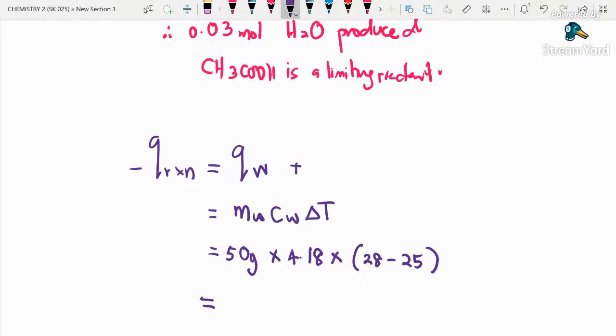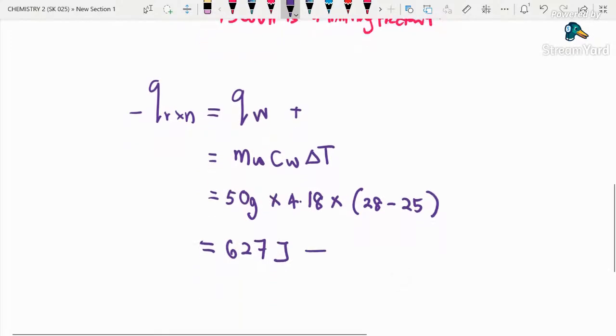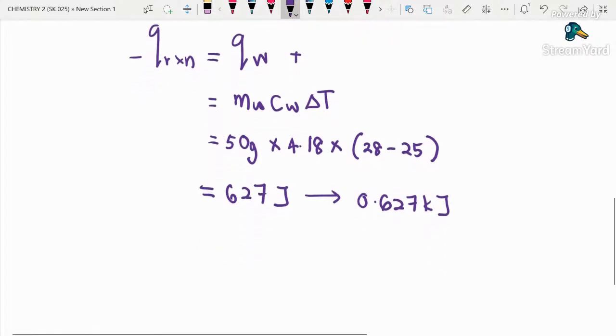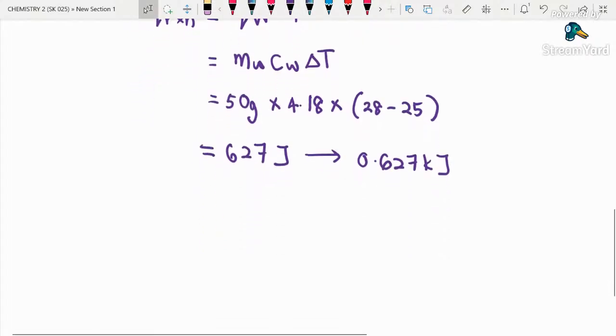Okay, jadi berapa ni? 627 saya dapat. Okay, saya dapat 627 joule. So, kalau nak tukar jadi kilojoule, 0.627 kilojoule. Don't forget to put a negative sebab dia adalah neutralization yang membebaskan haba.